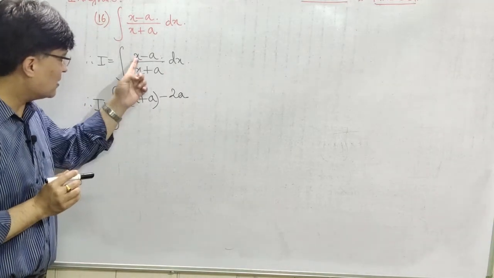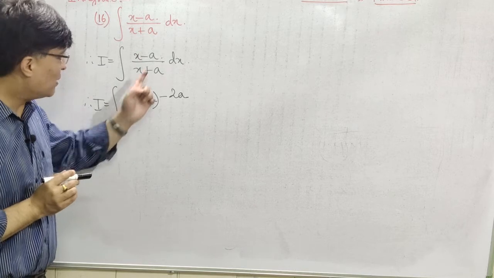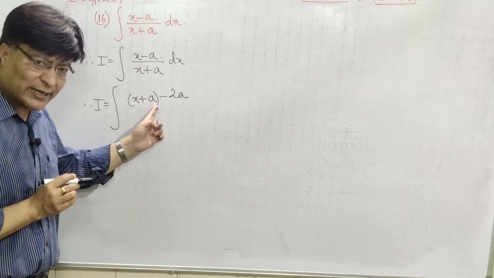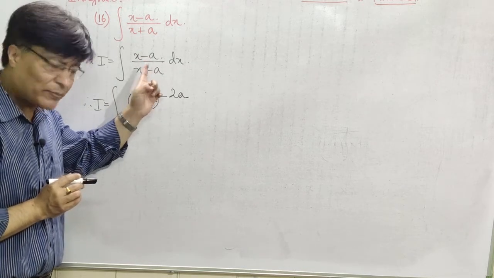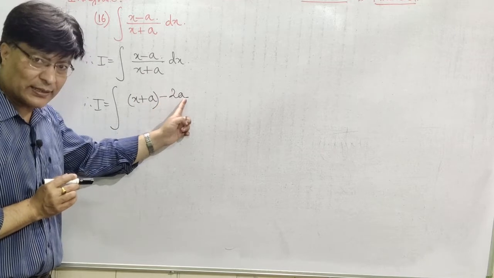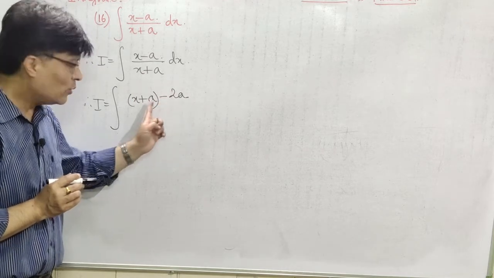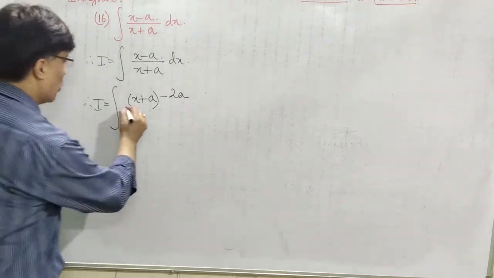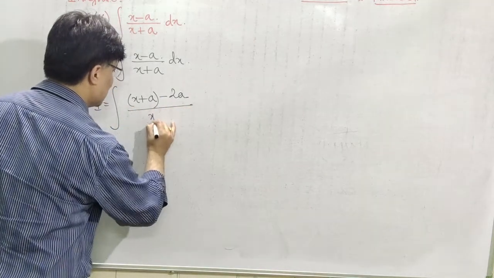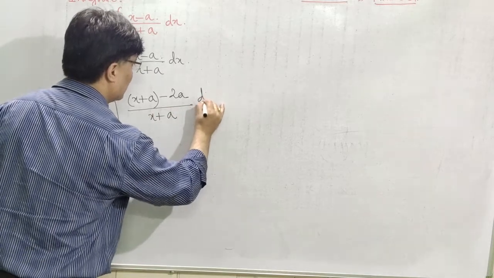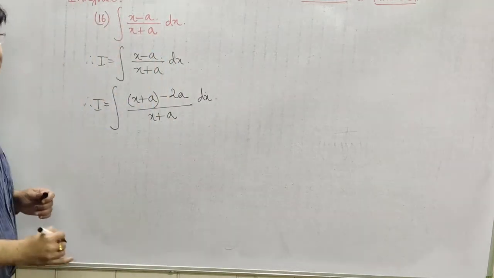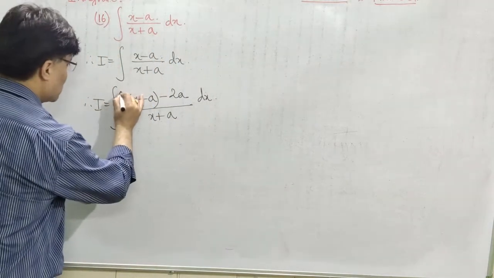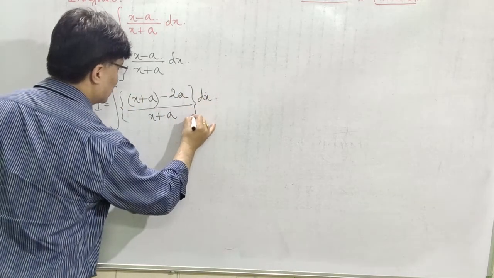Yes, x is correct, but there is minus a. Here we are getting plus a, but you have to make it minus a by writing minus 2a. If you write minus 2a, what is a minus 2a? It is minus a. Is that clear? So the whole divided by x plus a. Then what do we write here? dx.